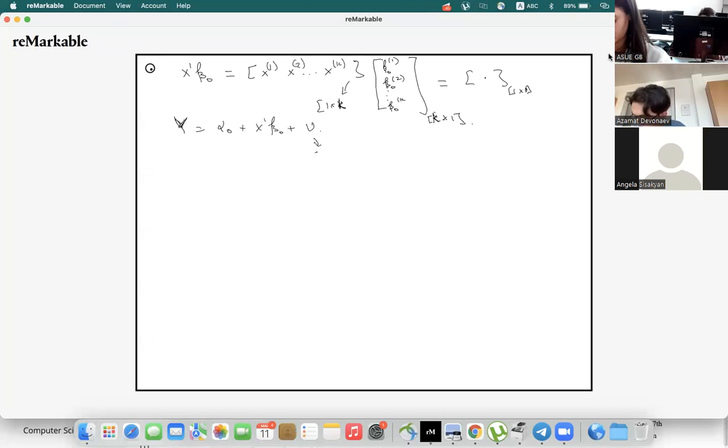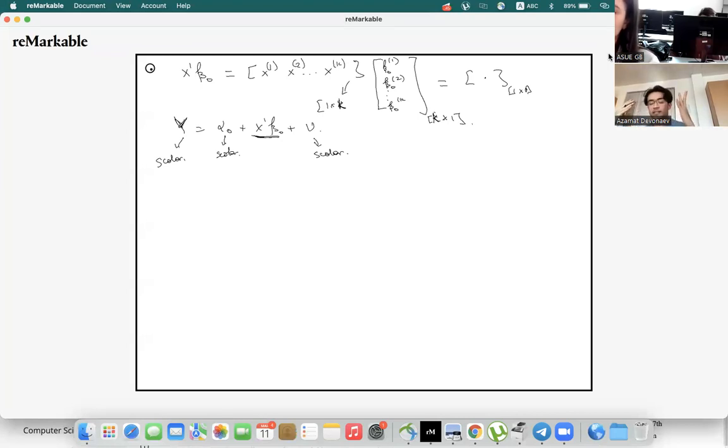This one is scalar, this one is scalar, this one is scalar, and these ones are vectors, and this one is causing the big problem. Because x transpose is a vector and beta node is also a vector, but since it's the product of these vectors, what it actually gives us is this scalar.